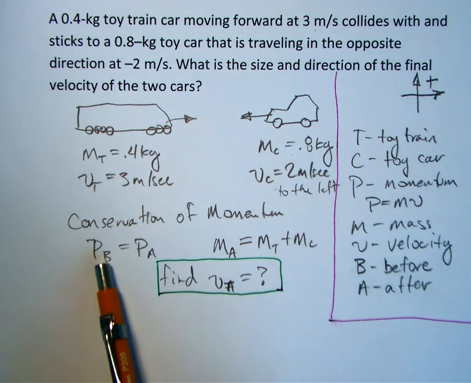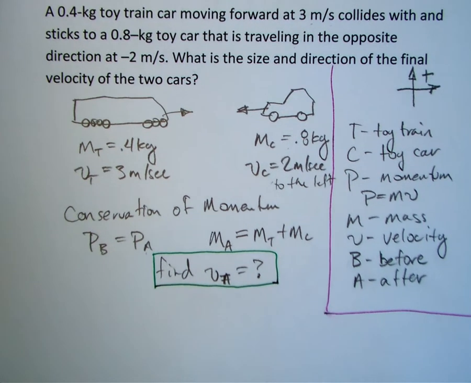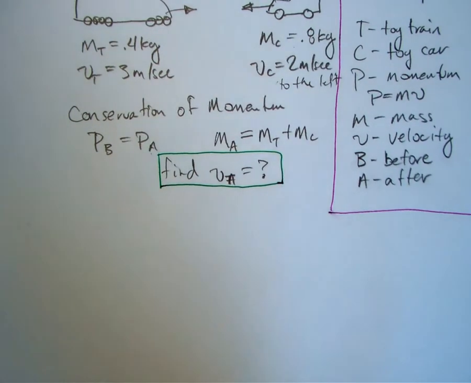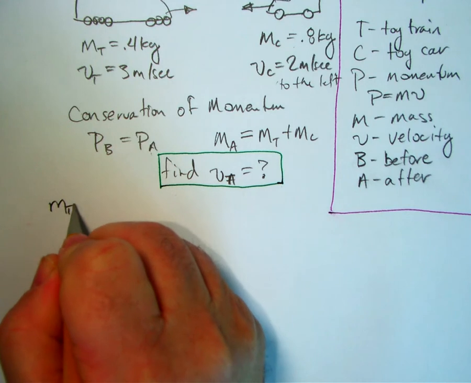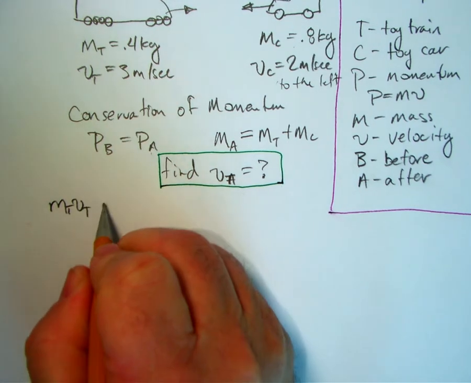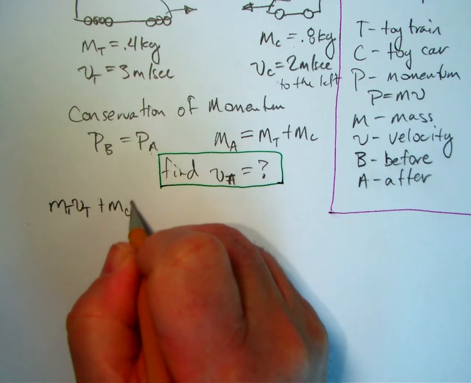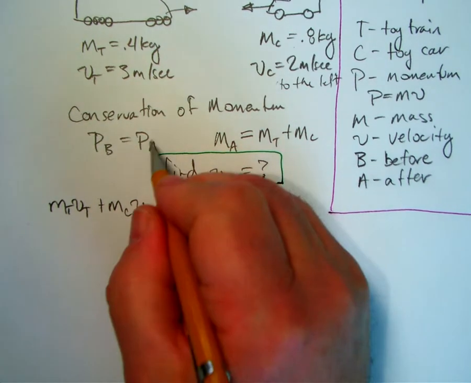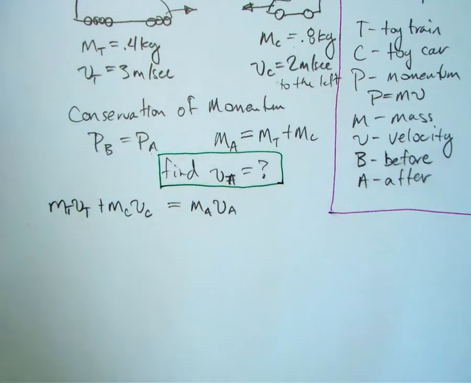We want to expand the momentum terms and put in the values that we know. Momentum before is just the mass of the train times the velocity of the train plus the mass of the car times the velocity of the car, and that's going to equal the mass afterwards times the velocity afterwards.